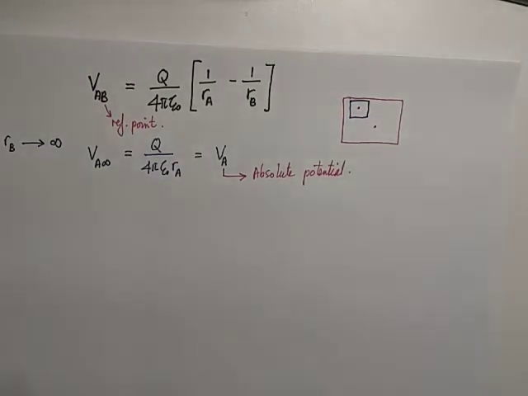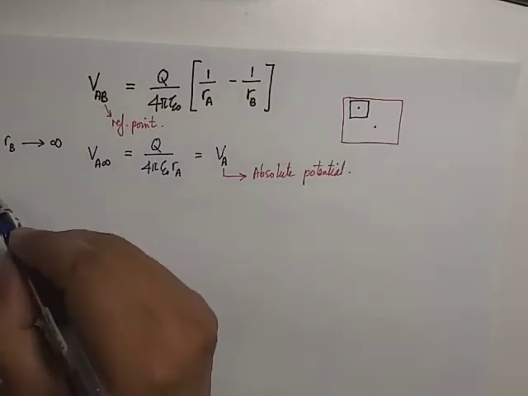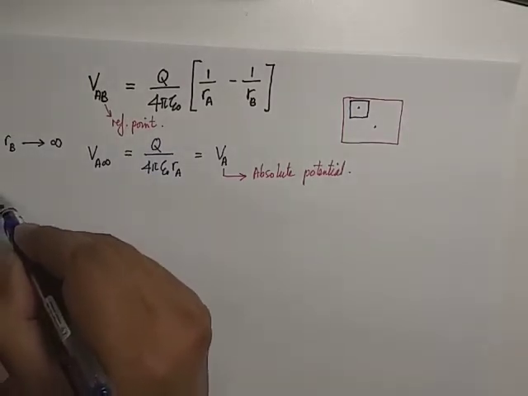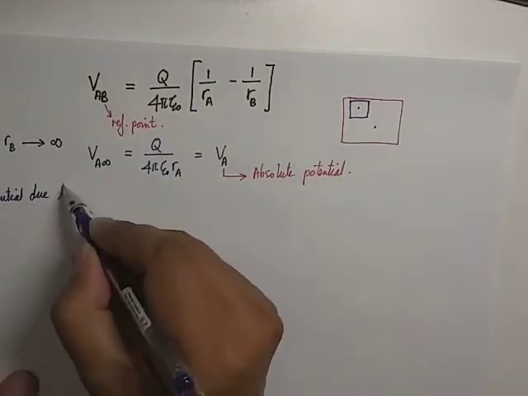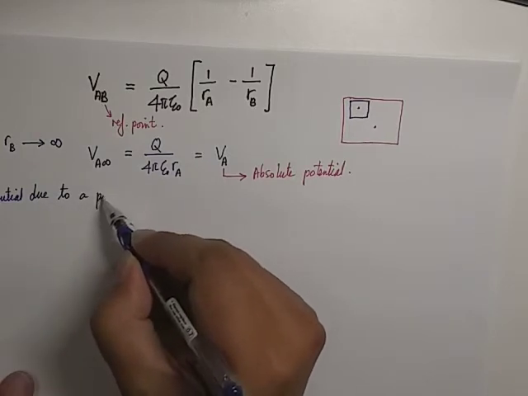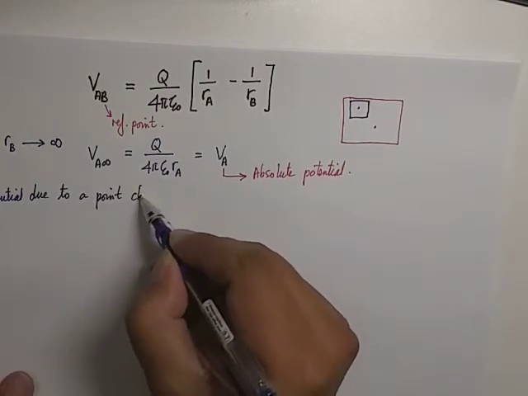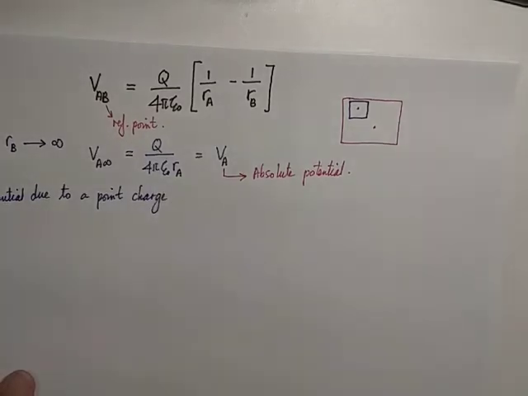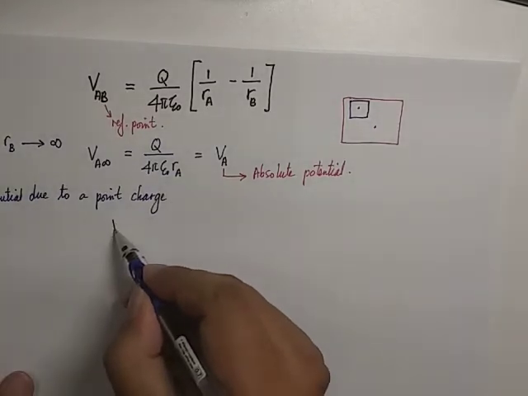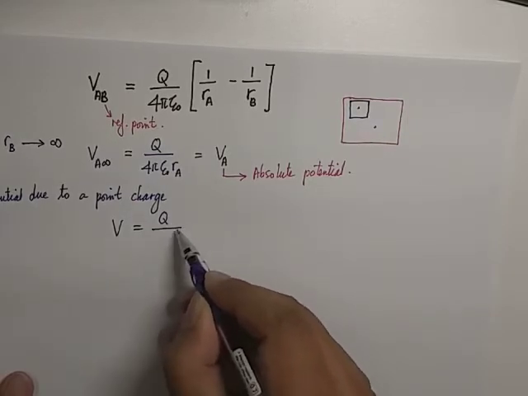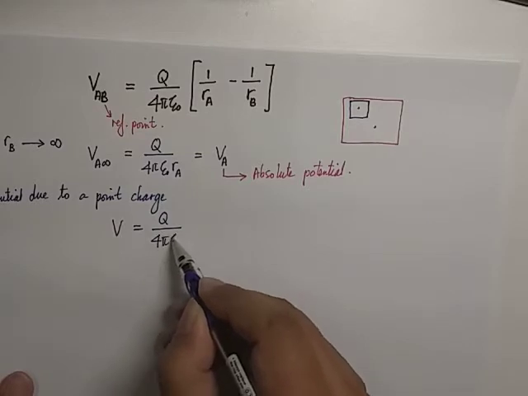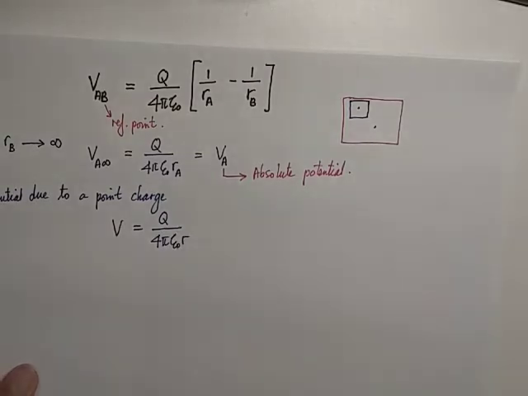Okay, so using this equation, we can conclude now the potential due to a point charge, you're going to call it V now, should be equal to Q divided by 4 pi epsilon naught R. Let's draw it now, just to make it easier for us to observe.